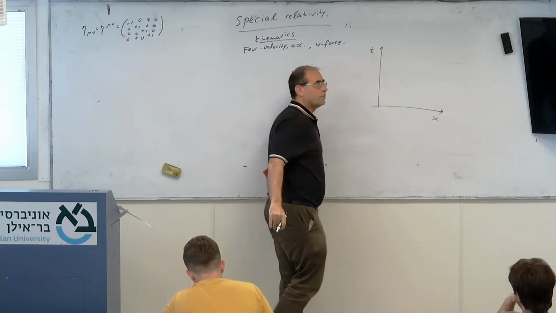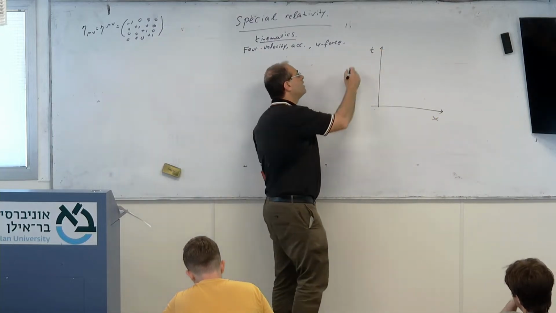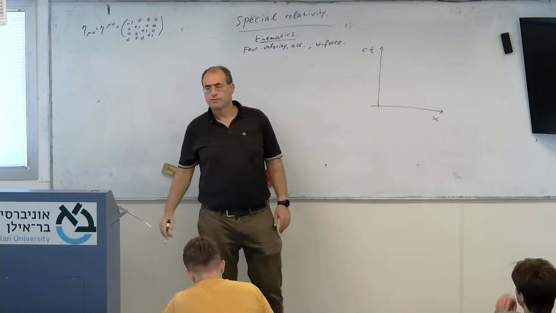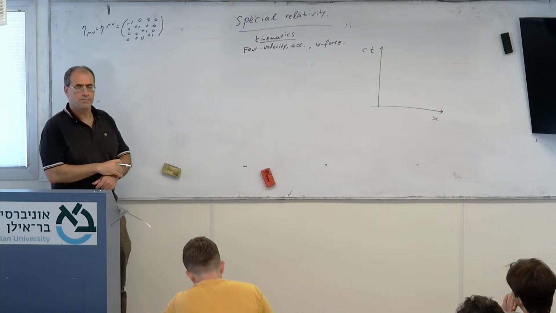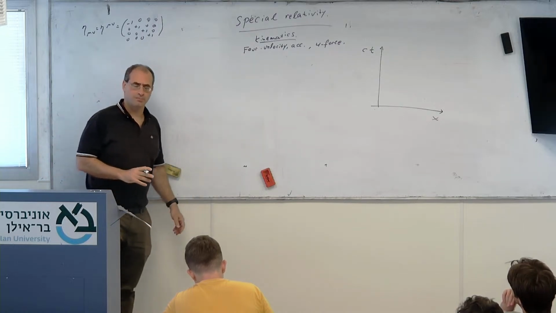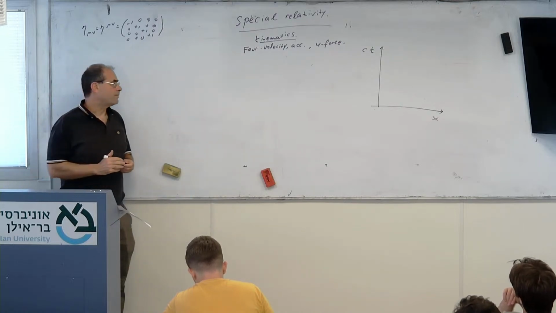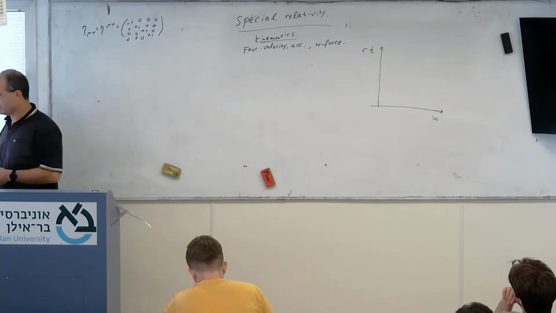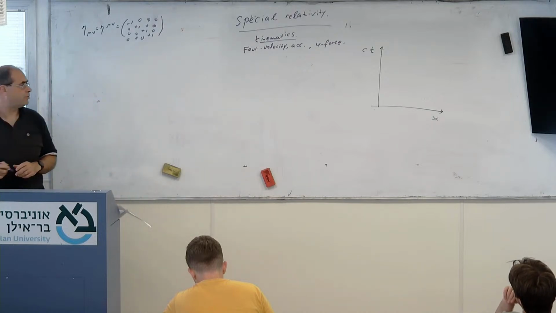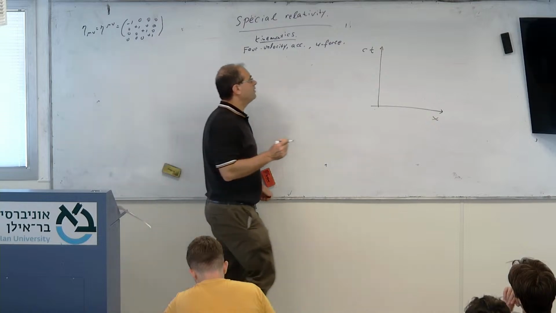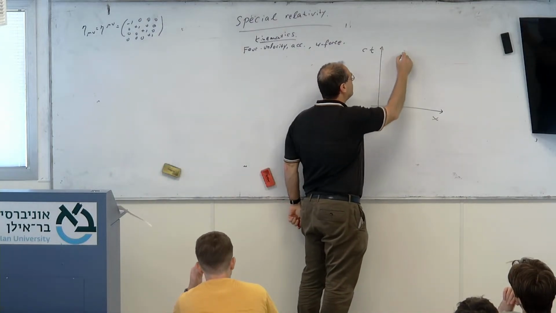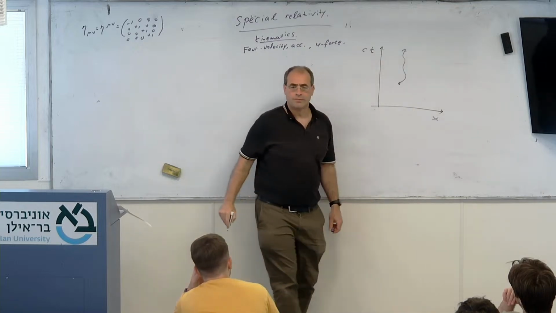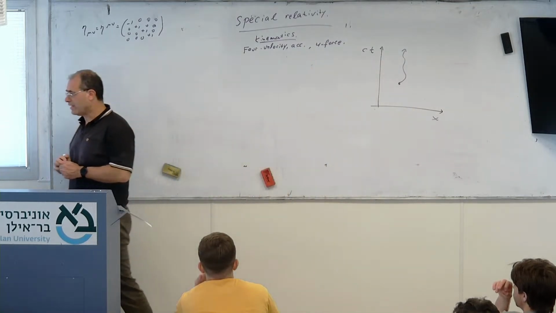To make sure they have the same units, we multiply it by c. At this stage you should be aware that c is of course equal to 1, but let's still keep it here. Then I can speak about my world line. I put all my spatial parts here and my time here, and of course I move. This is called my world line.